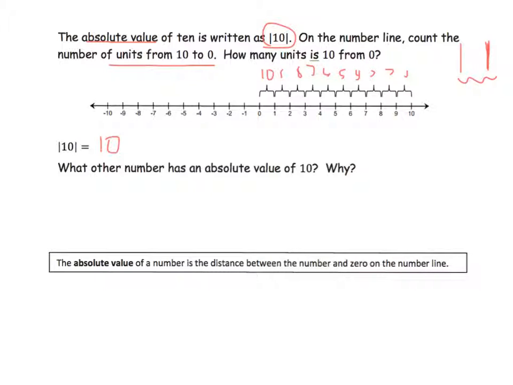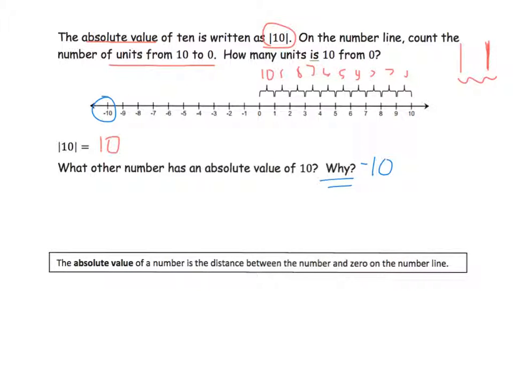So the next question is, what other number has an absolute value of 10? What other number is 10 units away? And this is pretty easy. It would be -10. And why?